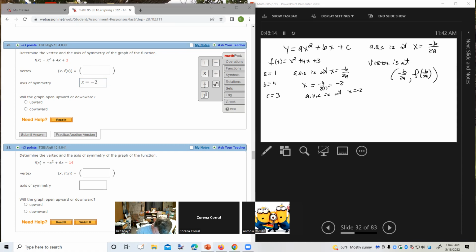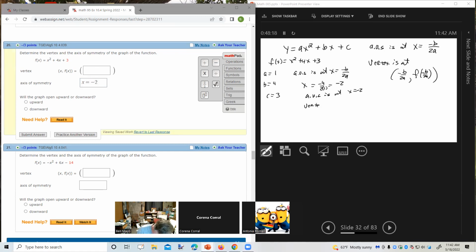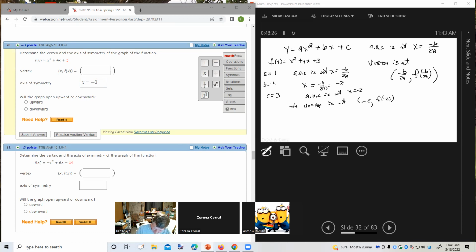The vertex is at negative 2 comma f of negative 2. If I find f of negative 2, that's going to be negative 2 squared plus 4 times negative 2 plus 3, which is 4 minus 8 plus 3, which is negative 1.